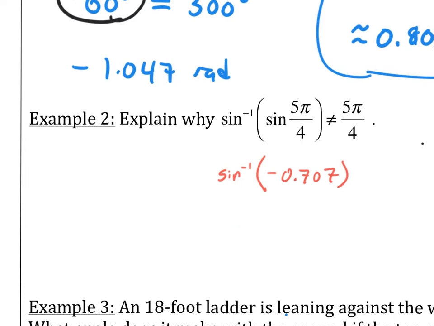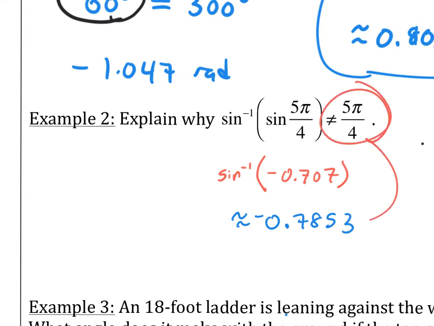This brings me to negative 0.7853, which is clearly not the same as this number right there, because 5 pi over 4 is outside the focus domain.